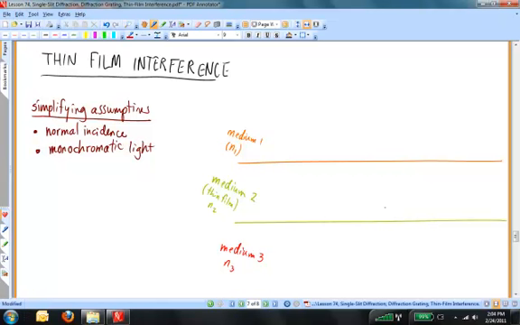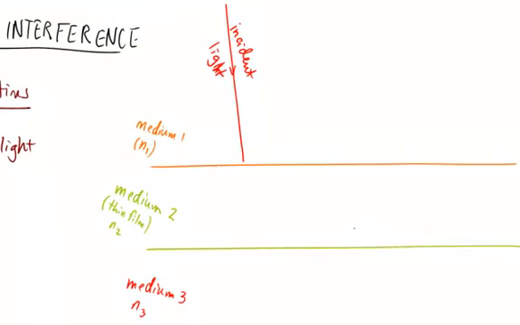So now let's assume that I have an incident light wave, which I'm going to show a little bit at an angle, even though we're making the approximation of normal incidence. That's going to make it easier to sketch the diagram. When that light gets to the top surface of the film, then some of that light is going to reflect off of the top surface.